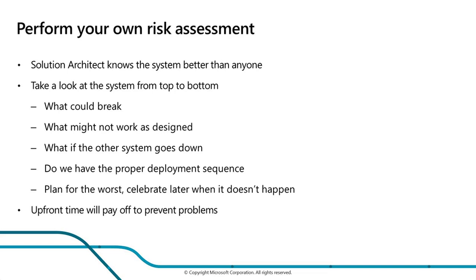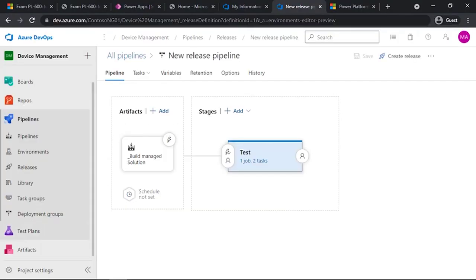So you can see here that the test part is super important. And do not forget to use the tools you got. And the first tool you have to think about is Azure DevOps.